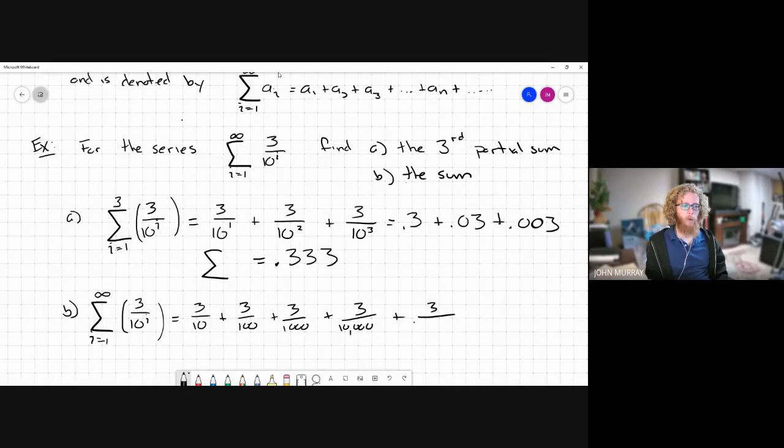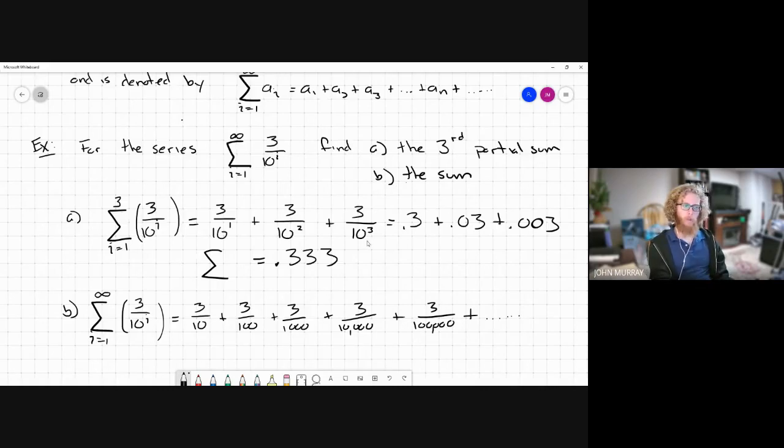I'm just doing the exponent part already, so this is 3 to the first, 3 to the second, 3 to the third, 10 to the first, 10 to the second, 10 cubed, 10 to the fourth, 10 to the fifth. And guess what? It's going to keep going on forever.